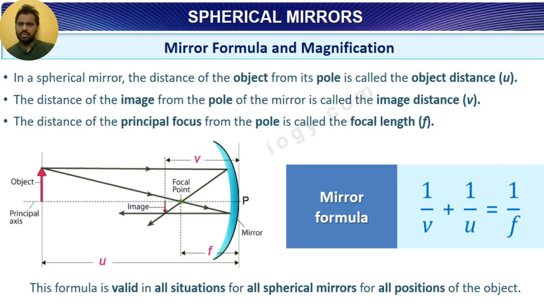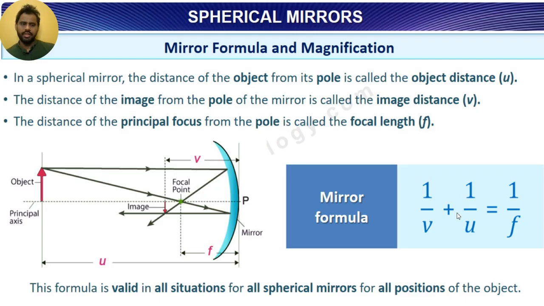This is another important concept, the mirror formula and magnification. This is basically a formula which is used for calculations related to mirrors, like concave and convex mirrors. So let us start. In a spherical mirror, the distance of the object from its pole, this is the pole, is called the object distance u.